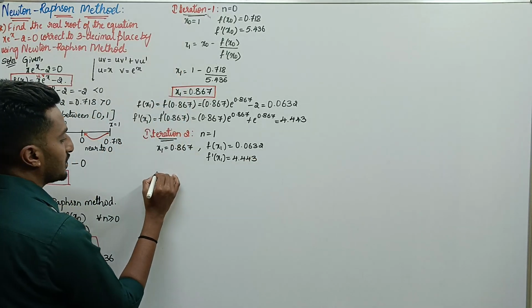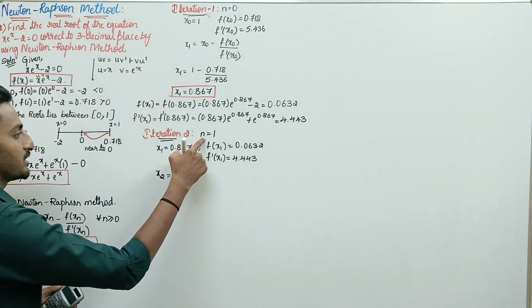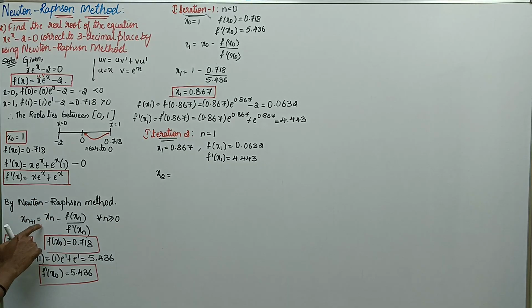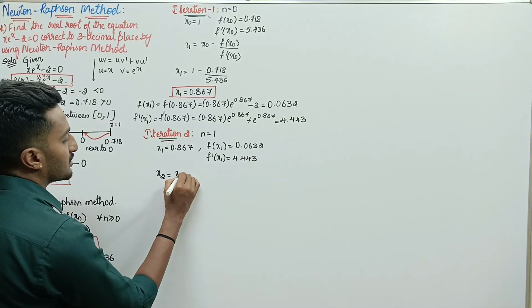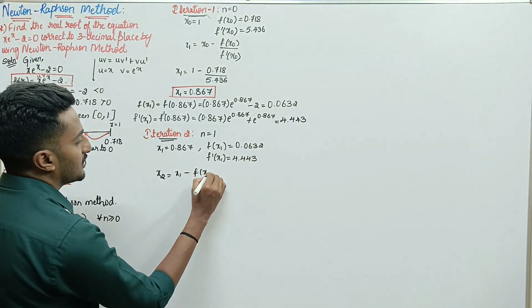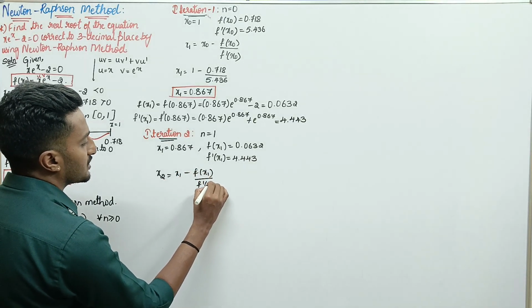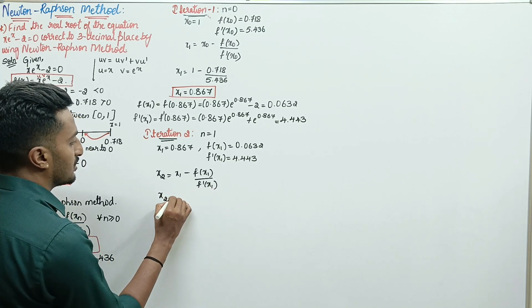Now if I simplify x2, putting n equal to 1 in Newton's formula, 1 plus 1 is 2, and the remaining is x1 minus f of x1 divided by f dash of x1, where x2 is equal to, what is x1?